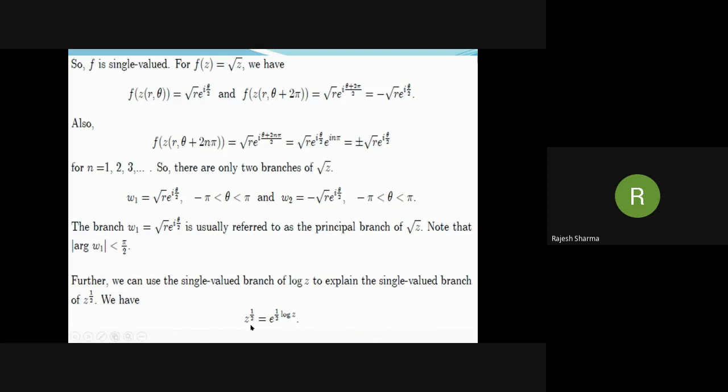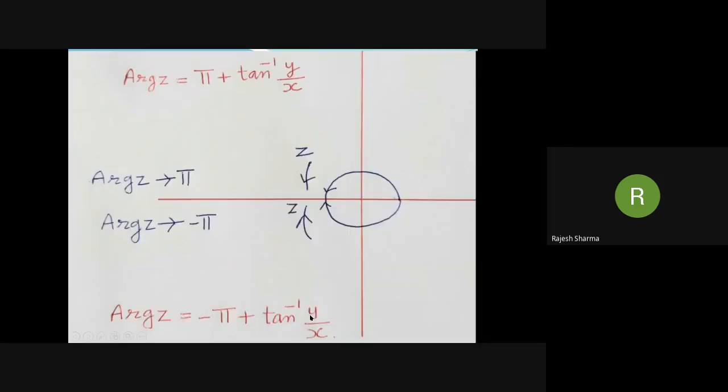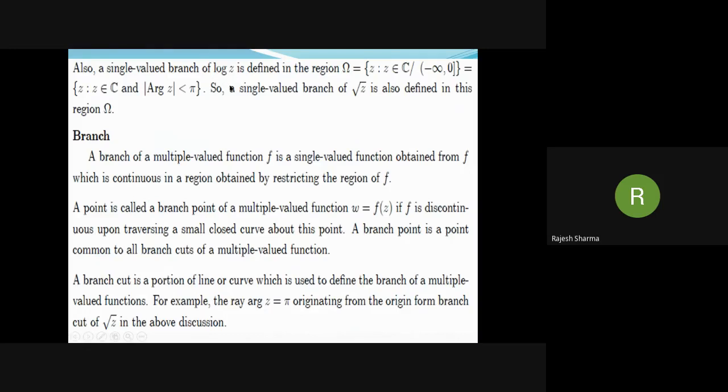Because we have this relation √z = exp(½ log z), and this log z we have already discussed as a single valued branch in the region, the set of all complex numbers except the negative real axis, and this is the same as writing the set of all complex numbers with the argument of z strictly less than π in modulus.